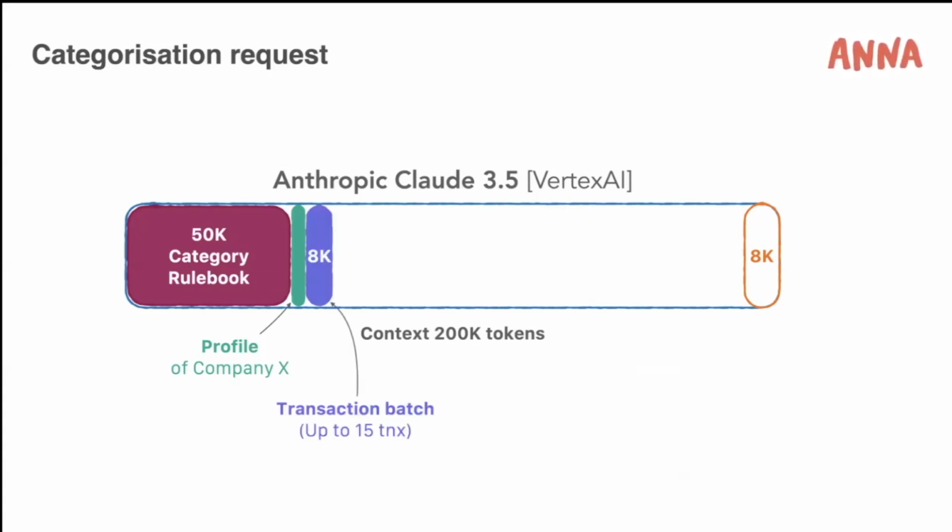And then there is a transaction batch, which is roughly 8K, and expressed in number of transactions, it's up to 15 transactions. Why is it so small? Because we can fit only up to 15, as we have just 8K of output to predict categories.